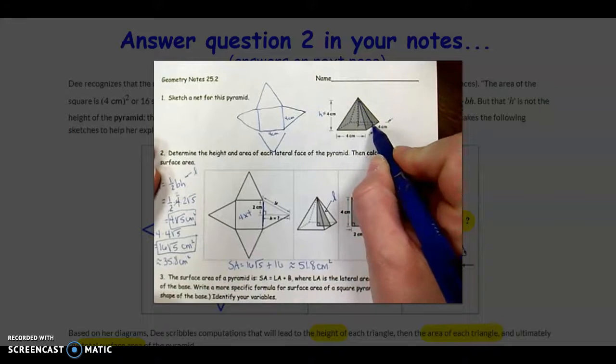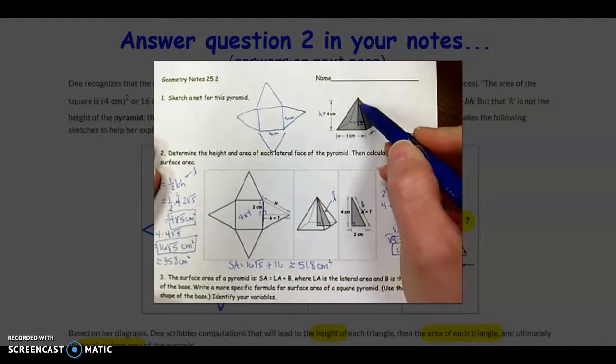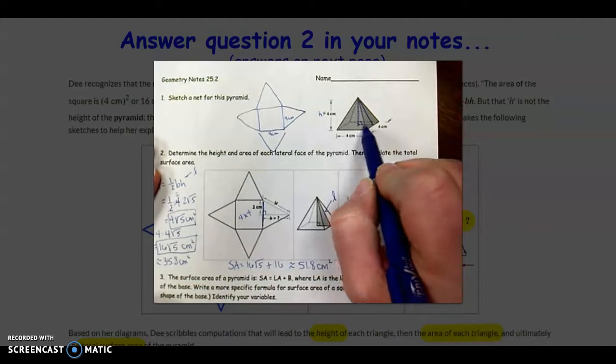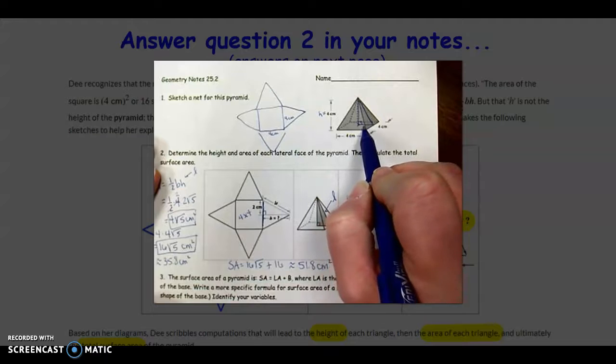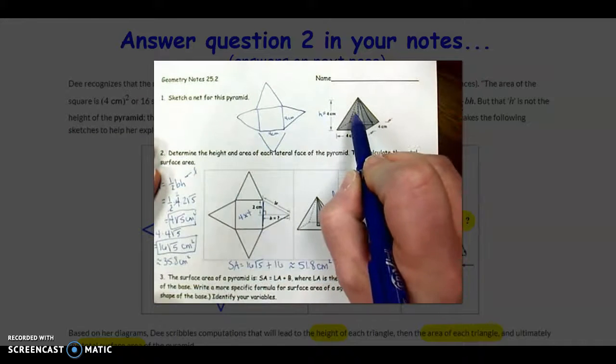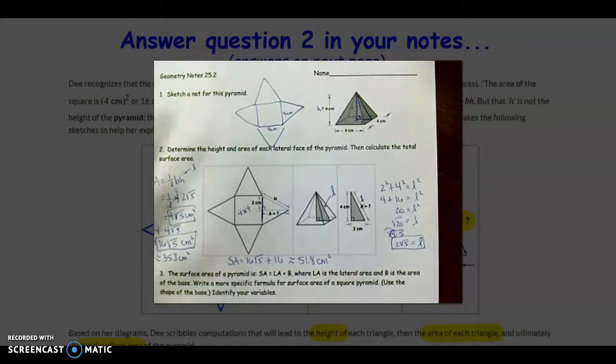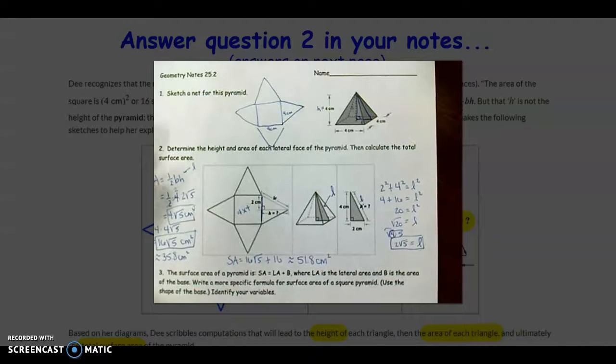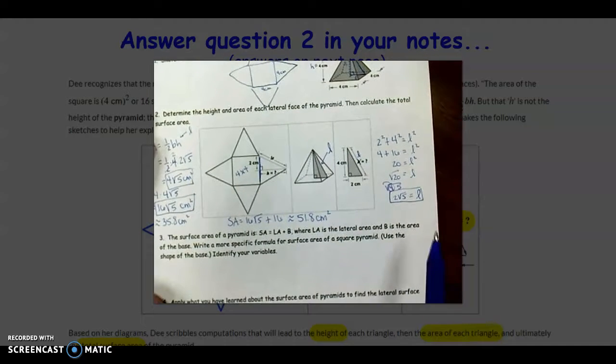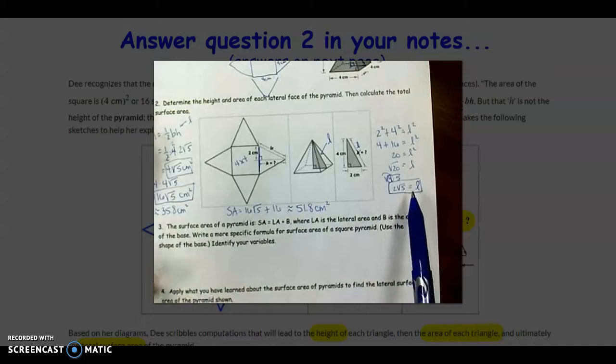We formed that little right triangle and used Pythagorean theorem using half of the side length here as 2 and using the height that was given to us as 4 to find the height of the triangle, which is called the slant height of that pyramid. And we use a cursive L for that. So we used Pythagorean theorem to find that.